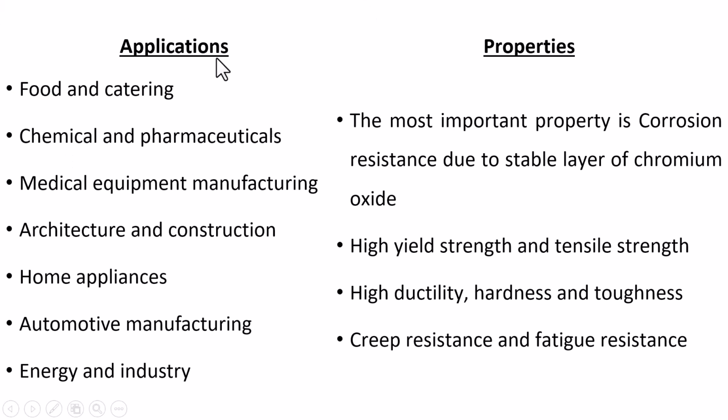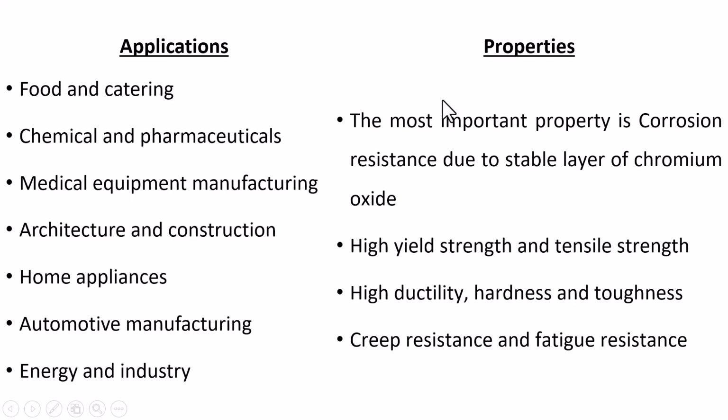The major applications of stainless steel are food and catering operations, chemical and pharmaceutical industries, medical equipment manufacturing, architecture and construction, home appliances, automotive manufacturing, energy and other industry oriented uses.